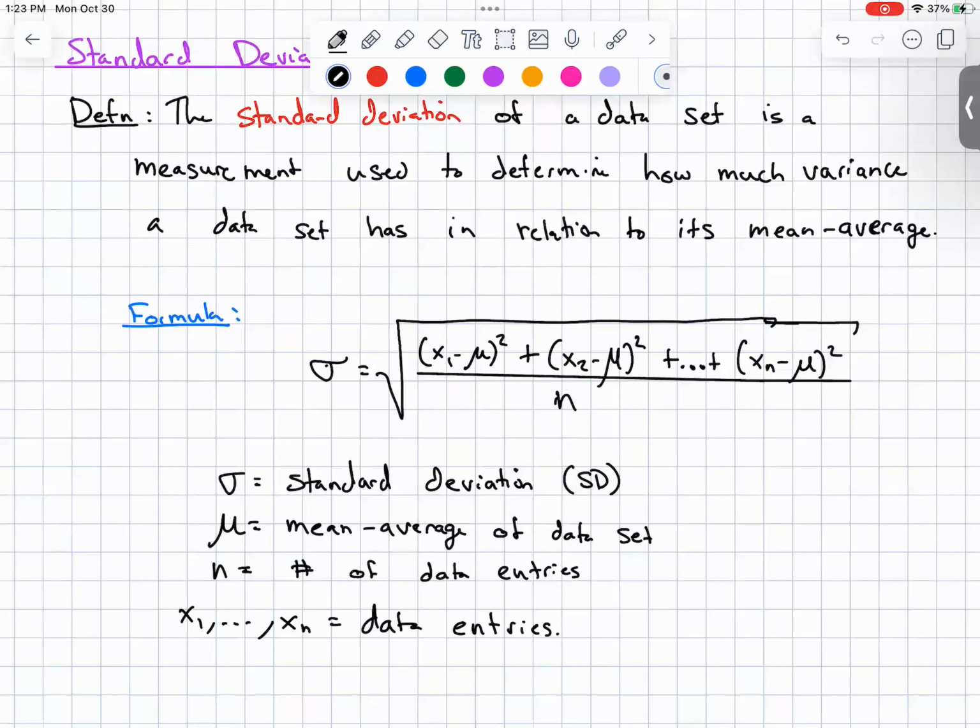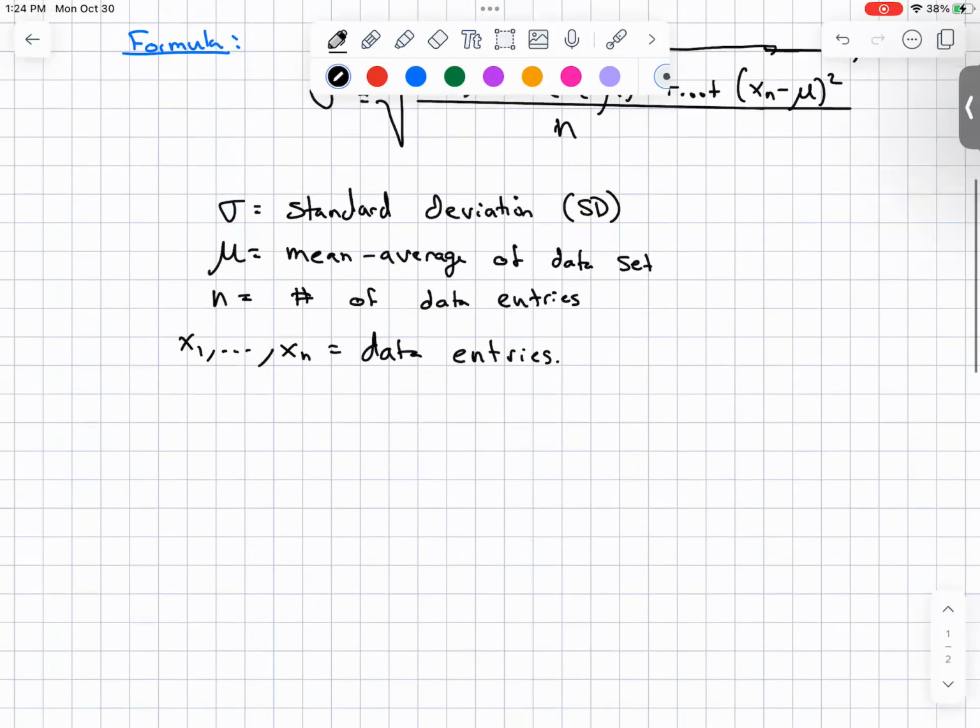And so I want to talk about why this formula is the way it is. As I said, the standard deviation is determining how much variance. Another way to think about that is measuring the distance between your data values and the mean average. So what would you do?